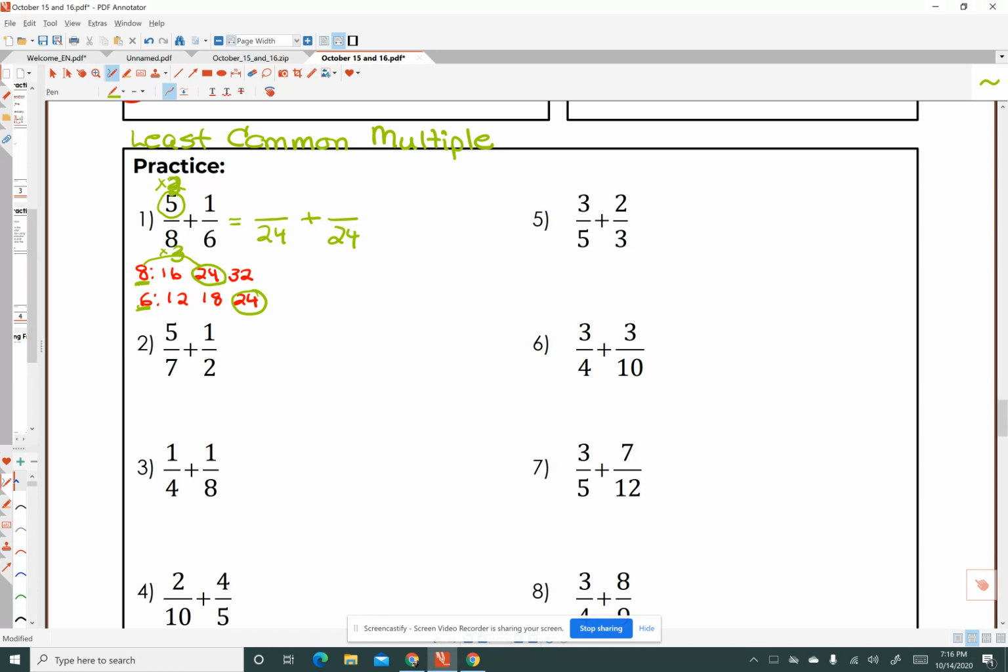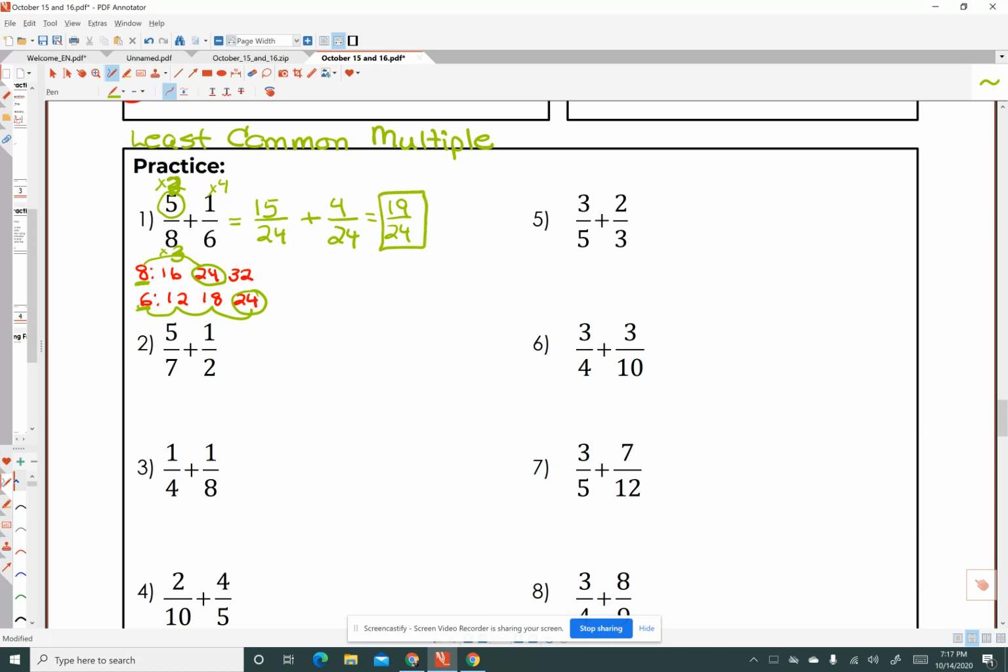So 5 times 3 is 15. And we multiplied 6 times 1, 2, 3, 4. So 1 times 4 is 4. Now it's easy. We have a denominator of 24, and 15 and 4 we add, which makes 19/24ths.